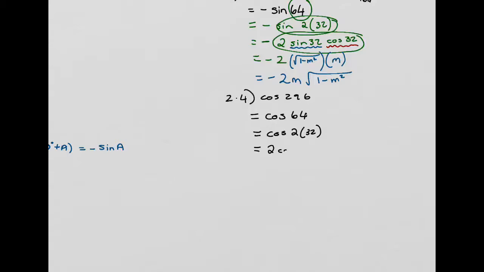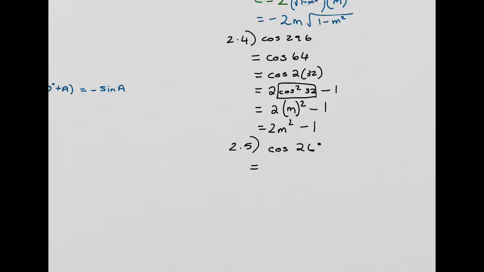So I'm going to go with 2 cos squared 32 minus 1. And so instead of the cos squared 32, I am going to be putting cos 32 is m, but it's being squared, minus 1. So all I'm left with is 2m squared minus 1. Please don't forget that, so it's cos 32 is represented by m, so cos 32 squared means it's cos 32 times cos 32, m times m is m squared.